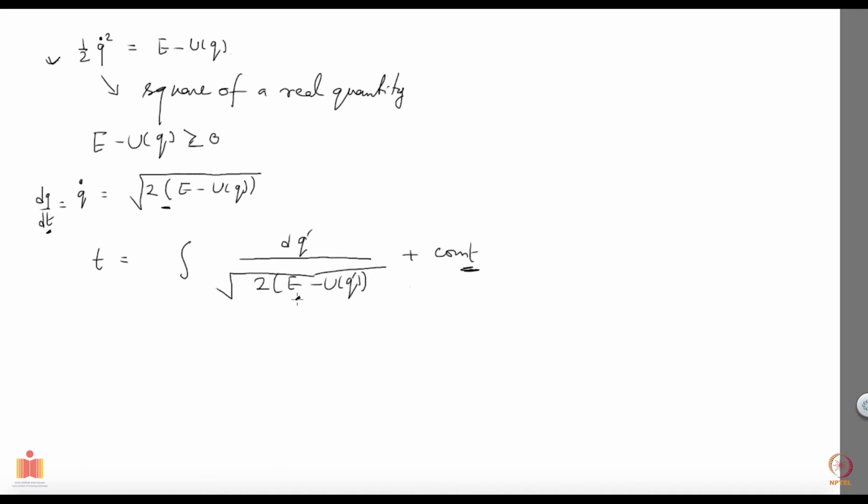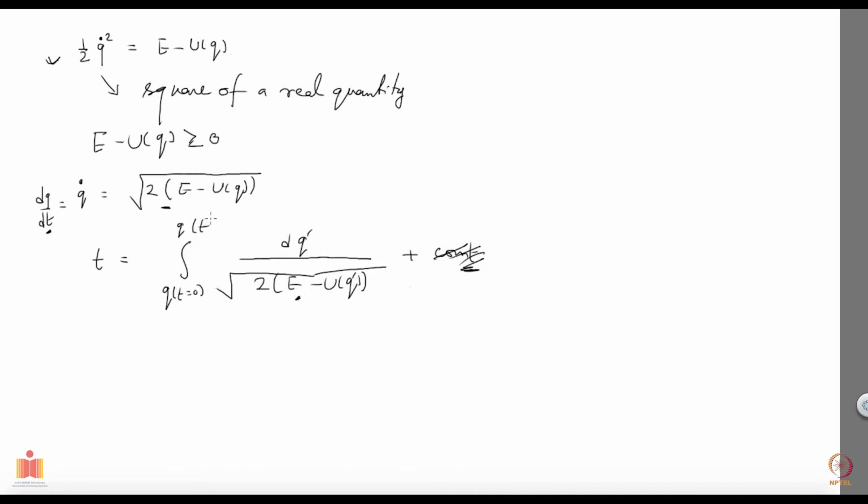Okay, so let me do a little bit more. I can write this as, let's say, when q is equal to, so I do away with this constant. I'll do a definite integral now. So I will put q from t equal to 0 to q of t.